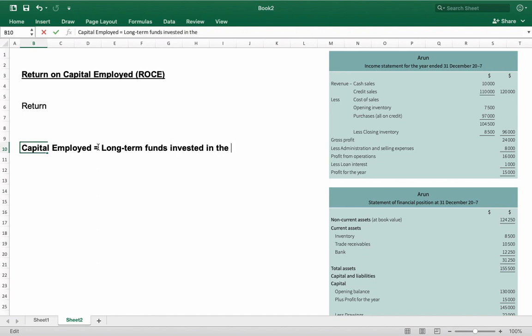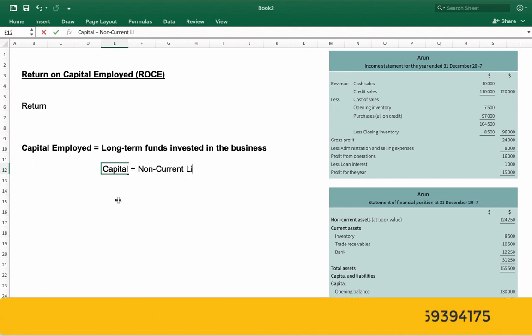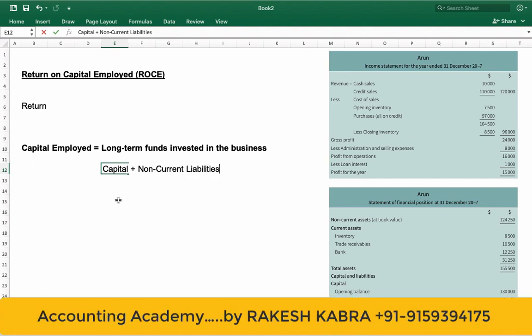When I say long-term funds, it means capital usually invested by the owner plus non-current liabilities such as a bank loan. So total of capital plus non-current liability is known as capital employed.